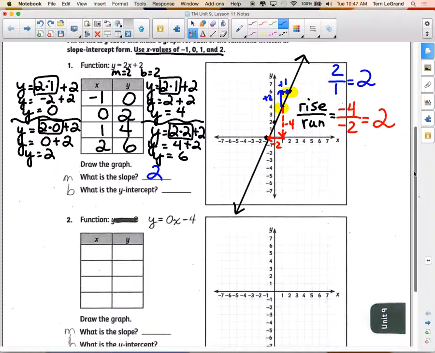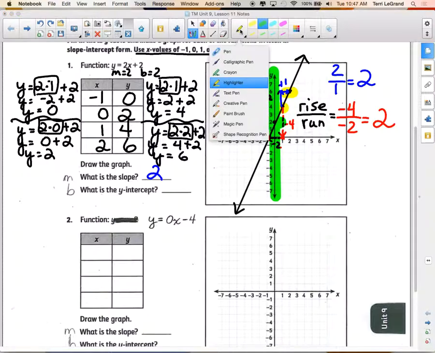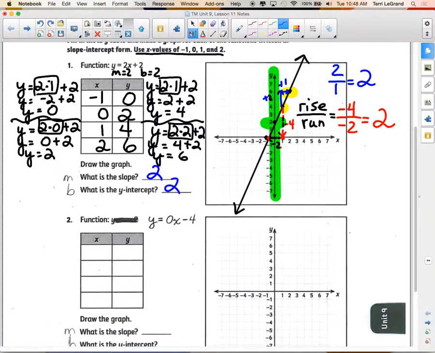So what's our y-intercept, class? Where's it crossing the y-axis? Right there. What's that y value? 2. This is the y-axis. It's crossing the y-axis right here at positive 2. So we are going to say the y-intercept is 2.